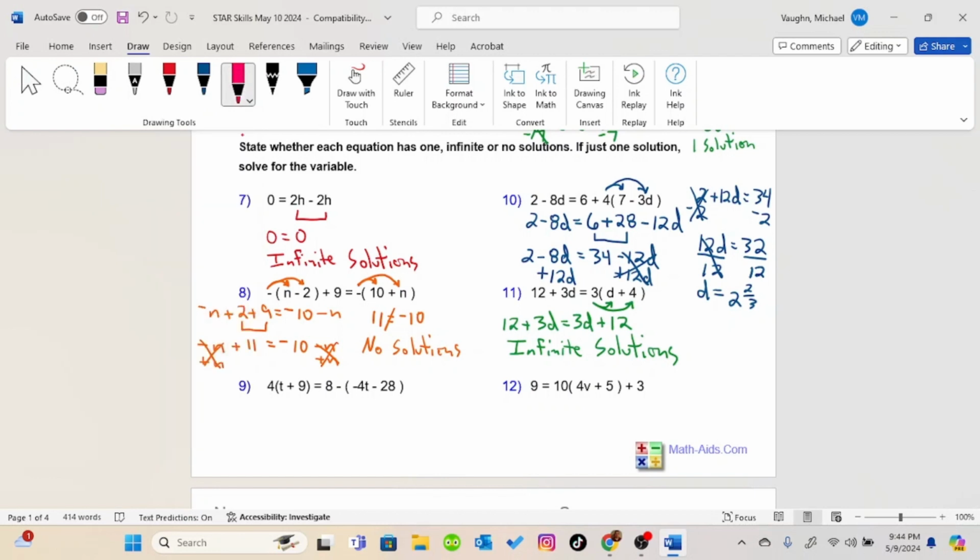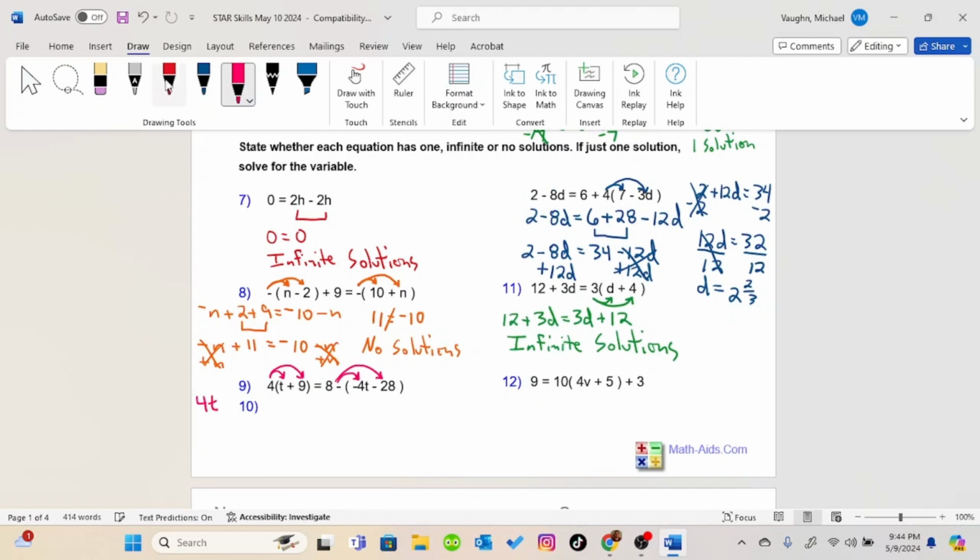Number 9. We're going to use distribution. Four times t is 4t. Four times 9 is 36.